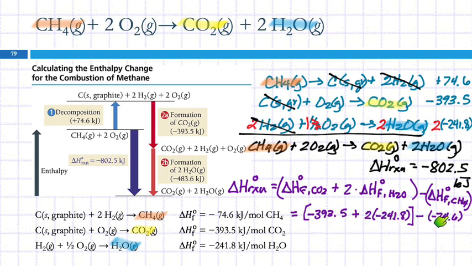So these numbers here end up being the same as what we came up with over here. We have positive 74.6 because we're subtracting negative 74.6. We've got 393.5, and we got 2 times negative 241.8, and so we come up with negative 802.5 kilojoules.